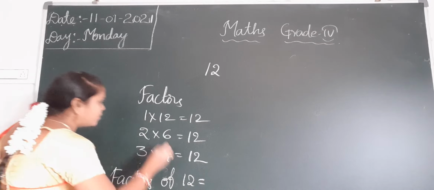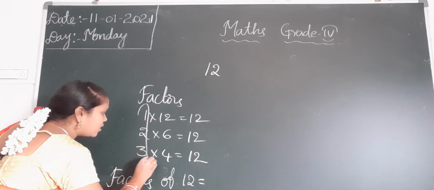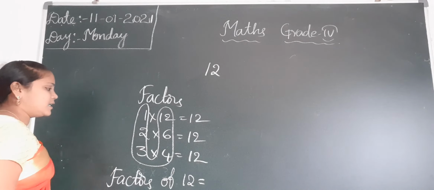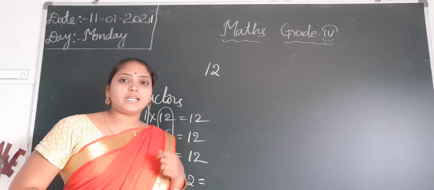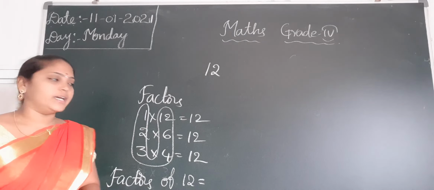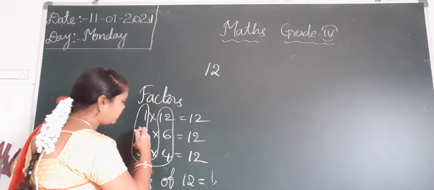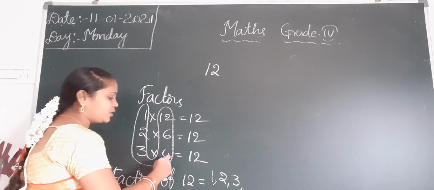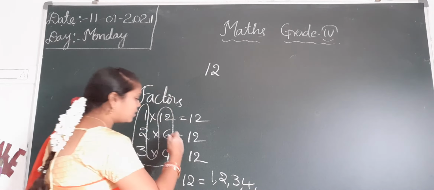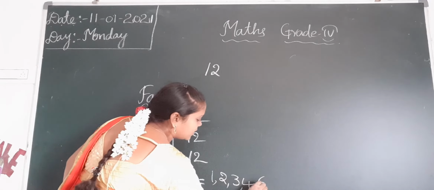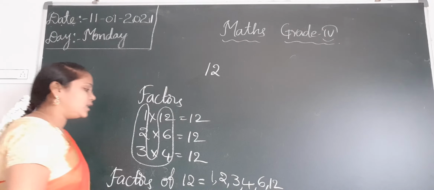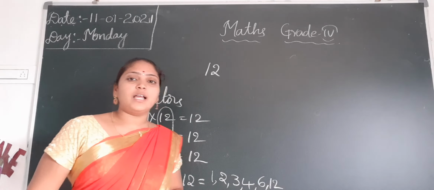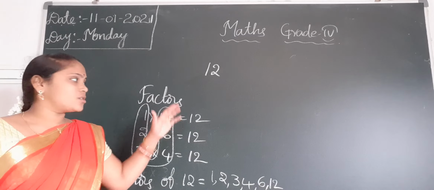Here these are all the factors of 12, and I already said, children, write the factors always in ascending order: first 1, 2, next 3, after 3 comes 4, next 6, 12. Here 1, 2, 3, 4, 6 and 12 are all the factors of 12.